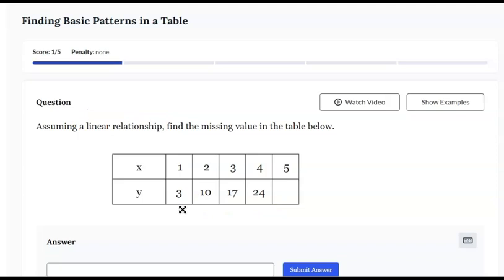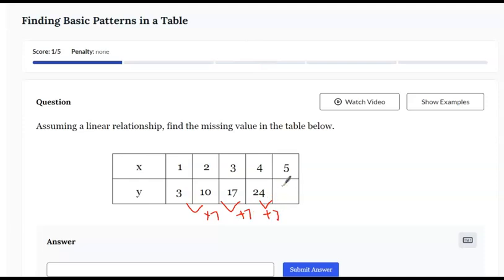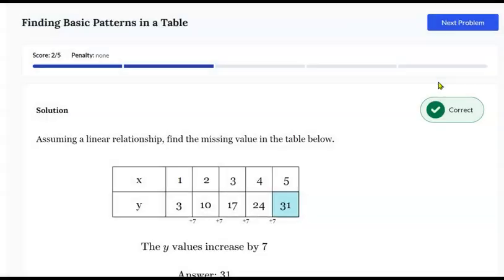So it looks as though we're going to add 7 each time here. And then 7 more to get our missing value. So we're going to type 31 in our answer box at the bottom of the screen and click Submit.